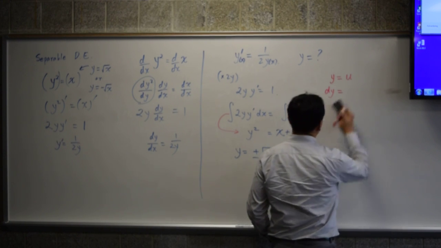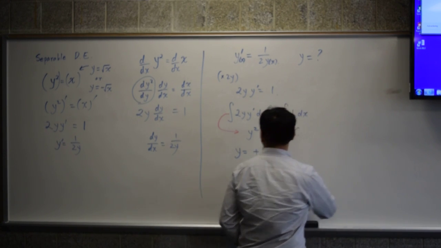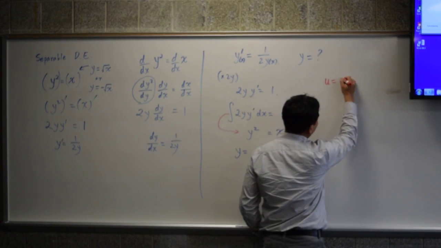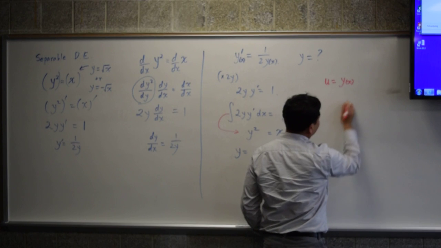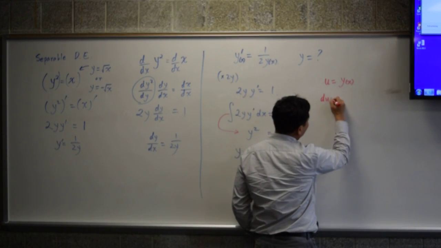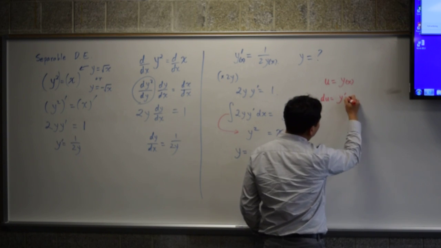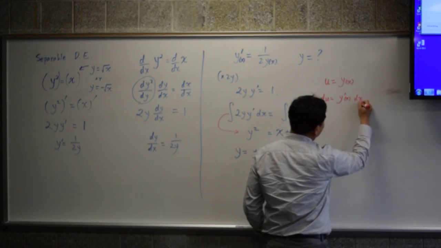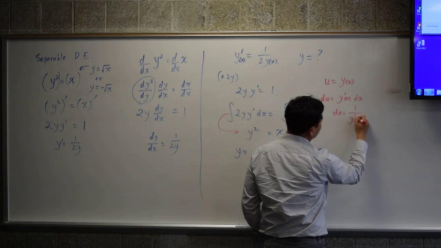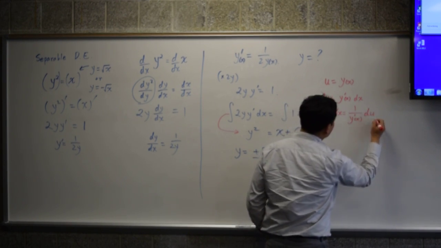No, sorry, that's not how it works. See, these are functions of x. So you're basically saying that u is the y, which is a function of x. And therefore, if you want du, it will be y prime of x dx, and dx would be 1 over y prime of x du.